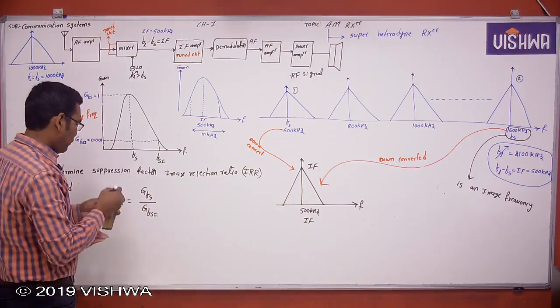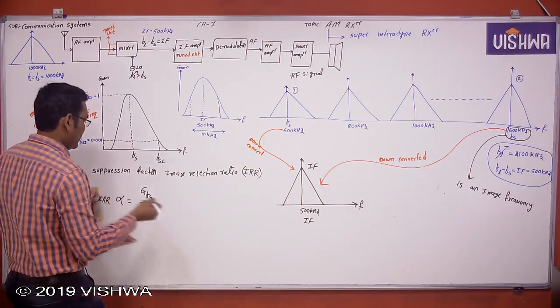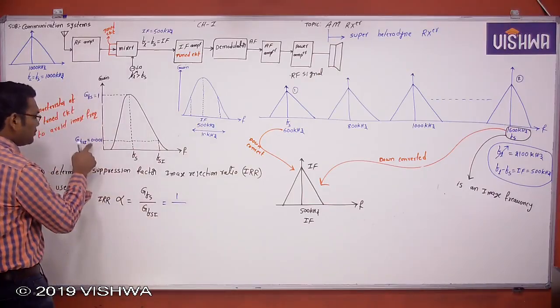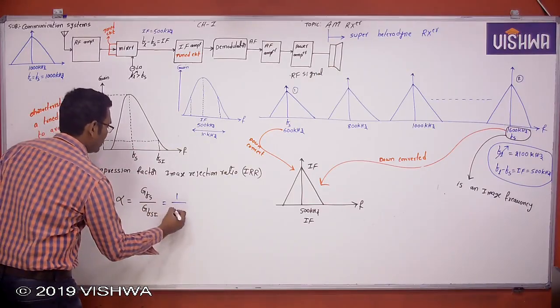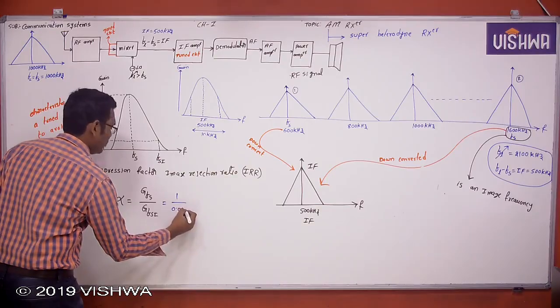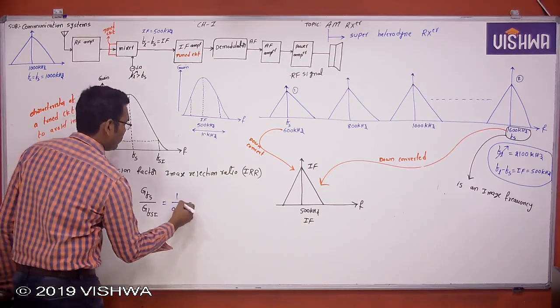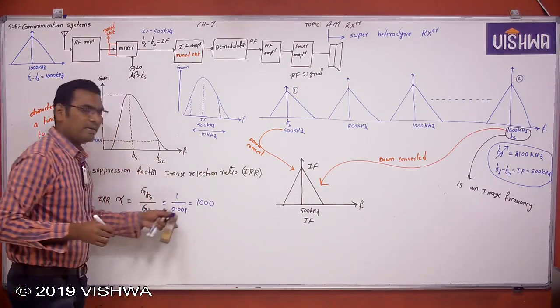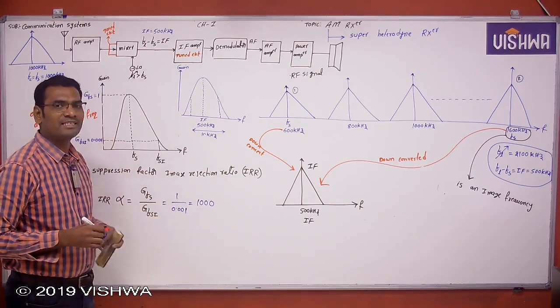See here. Now, what is the gain at Fs? The gain at Fsi should be as minimum as possible. Now, this is 0.001, which is equal to 1000. So, see here, is the signal to noise ratio 1000 acceptable or not?